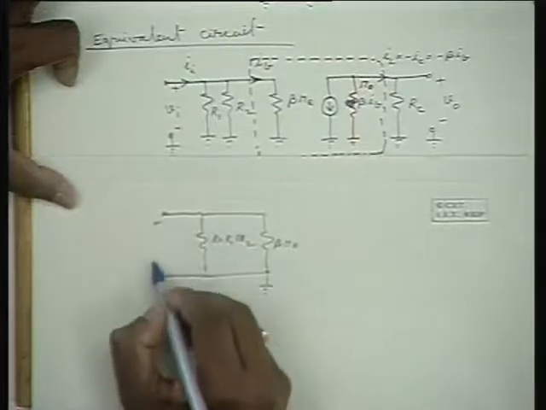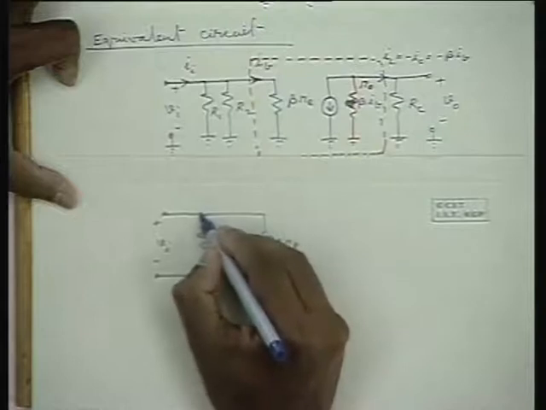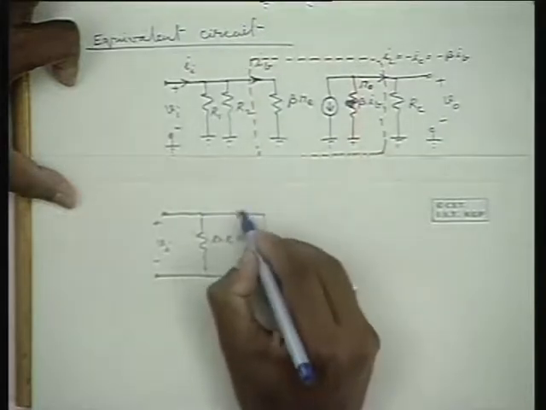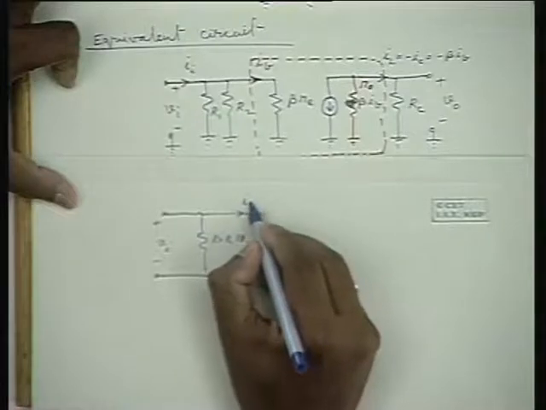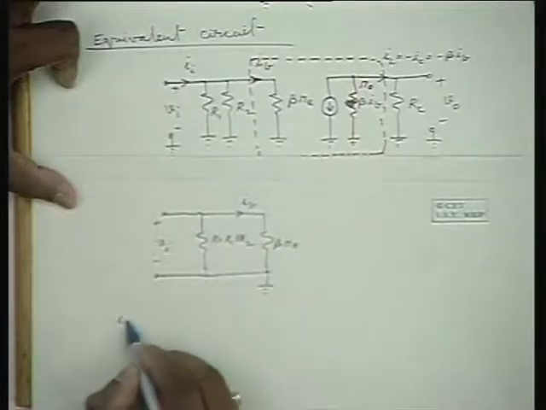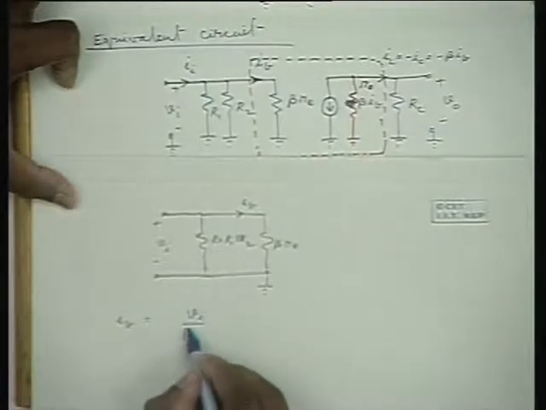Now, if the input voltage Vi is applied here, then the current IB is Vi divided by beta re.